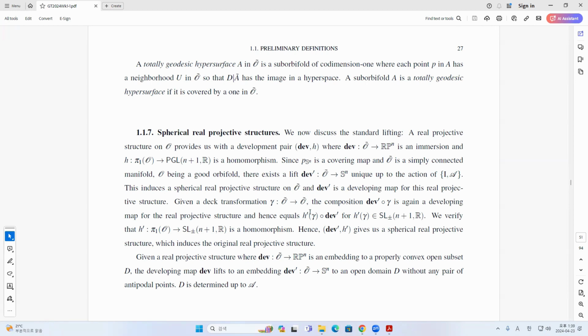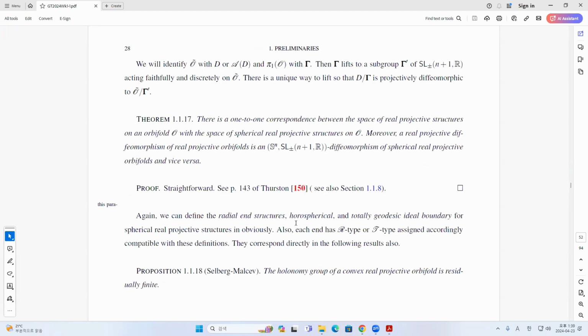So these will be developing maps, and you can always lift the holonomy to SL_{n+1}(R), not just the plus-minus group. So the space of real projective structures is the same as the space of spherical real projective structures because of this lifting, and the set of diffeomorphisms is also the same.